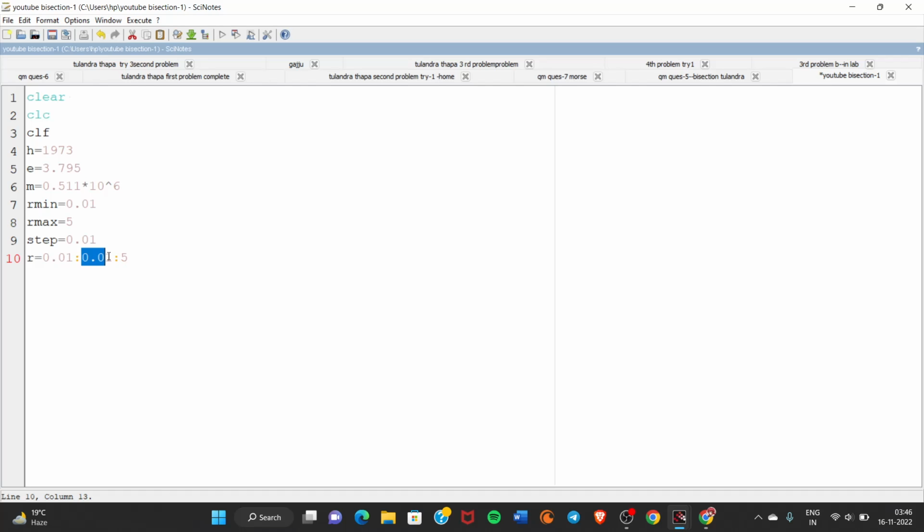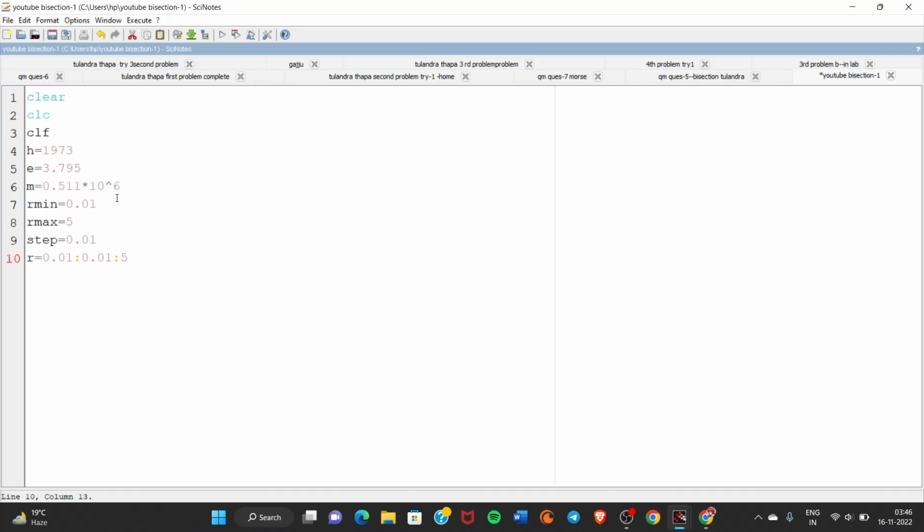This represents the step, or how much it will jump from one point to the next. This is the starting point, this is the step, and this is the ending point. It will form a matrix, an AP type of thing: 0.01, 0.02, 0.03, adding the step each time until it reaches 5.